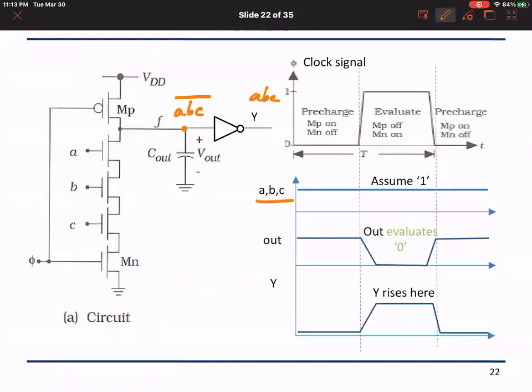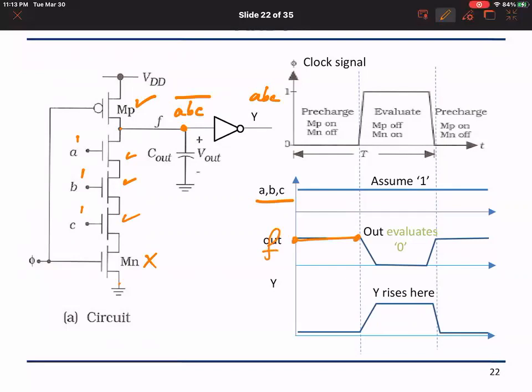During pre-charge Mn is off, Mp is on, even if these are 1, 1, 1, I don't have a path to ground, I only have a path to VDD. So the node F will be high.